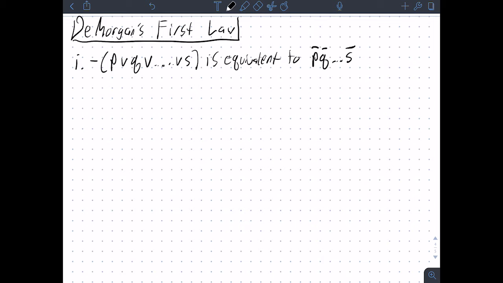So the simplest example is if we take the negation of the alternation P or Q, right, that is equivalent to the assertion of not P and not Q, right?